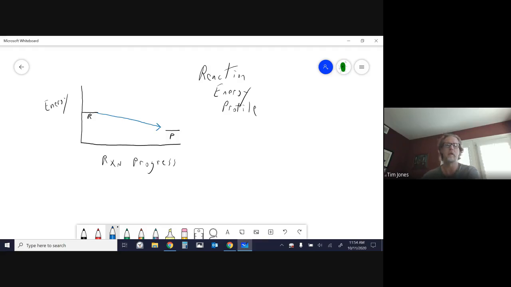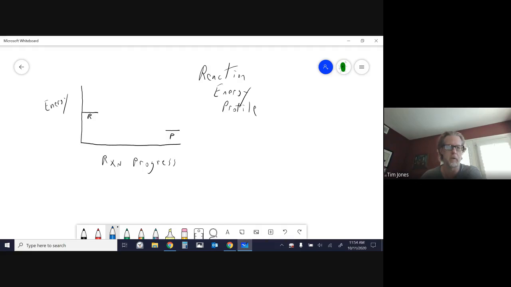And the reason is because the particles have to collide with some amount of energy to react. They can't just react with no inspiration for it. So you must have at least some little bit of hill, whether it's endo or exothermic.